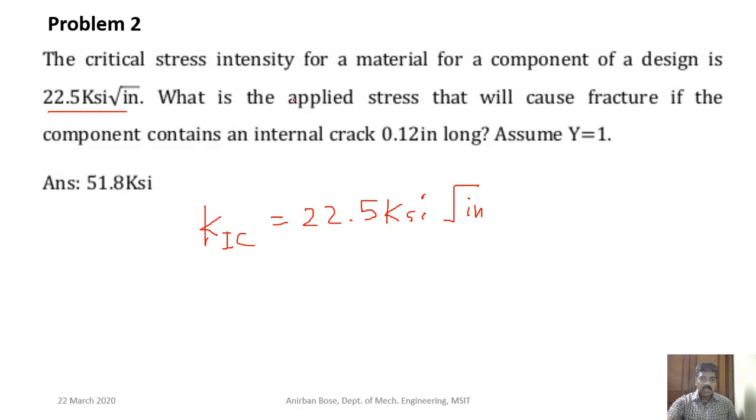What is the applied stress that will cause fracture if the component contains an internal crack of 0.12 inch? So A is given: the component contains an internal crack of 0.12 inch long.